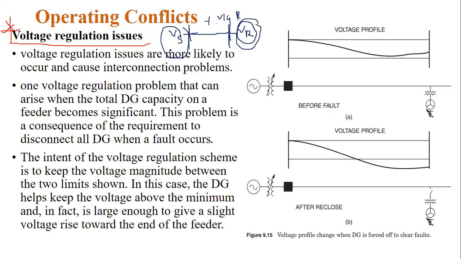We can divide by VS, or divide by VR, and they give approximately the same values. But whenever this difference between the sending end and the receiving end is more, it means this line or this feeder or this section of the power system has more losses.